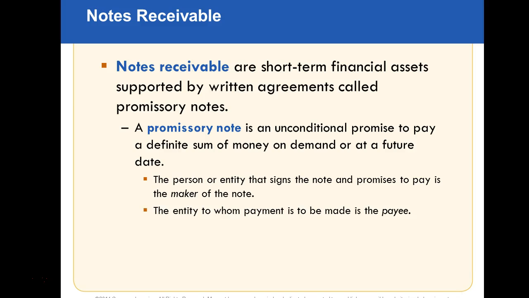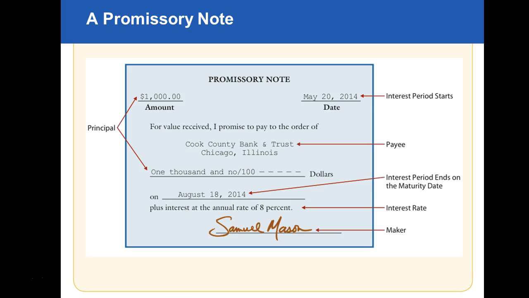And the entity to whom they need to pay the money is called the payee of the note. So here you see a promissory note. It has the amount. It has when the interest starts. I promise to pay to the order of the payee the amount of money.